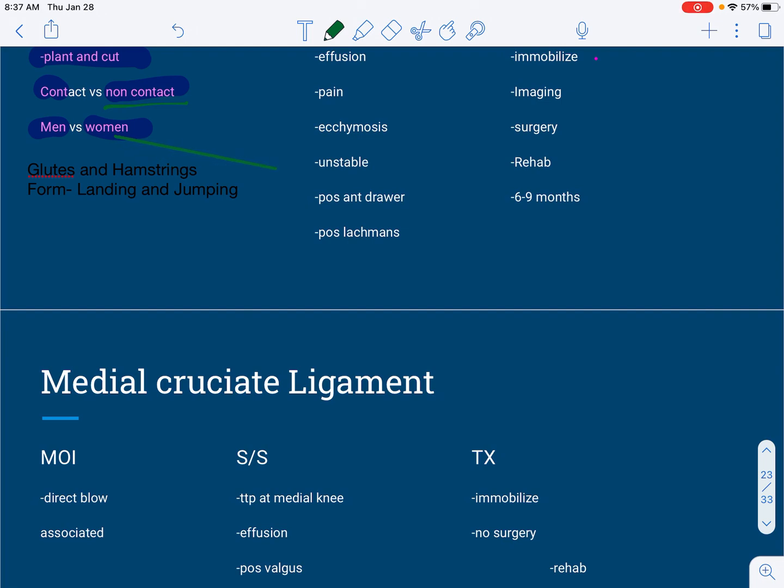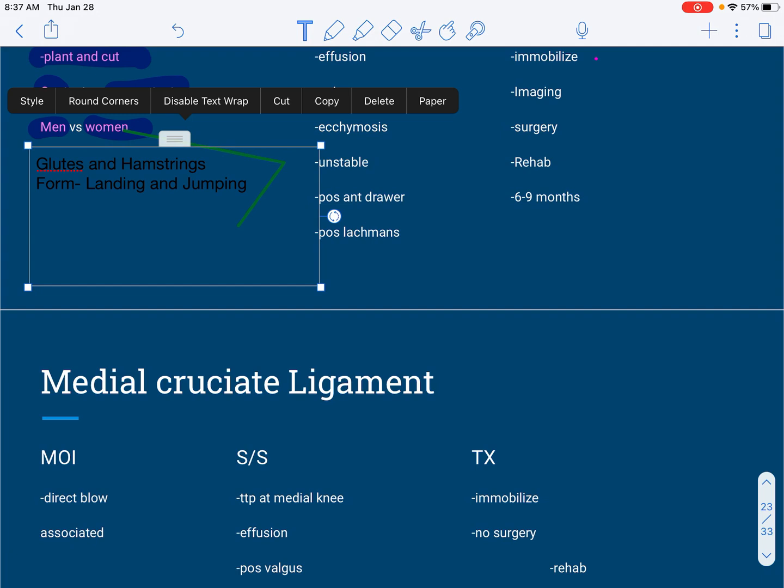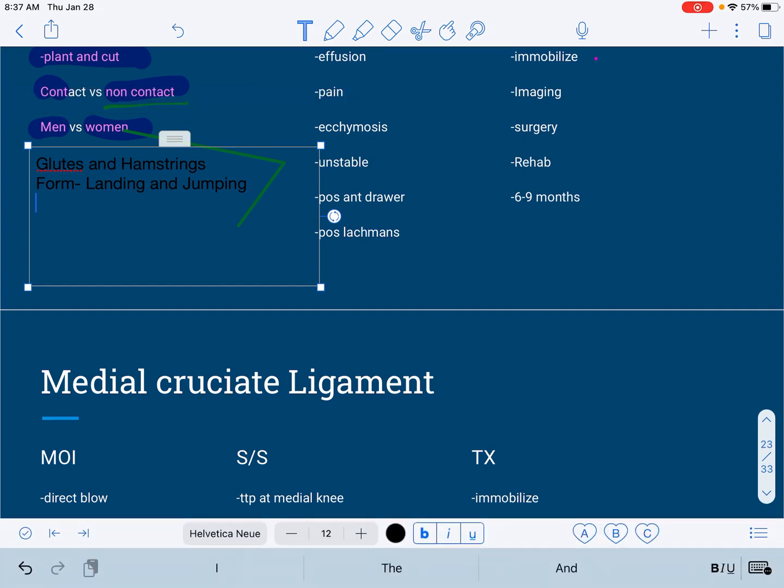Something that makes it more common with females is their Q angle.